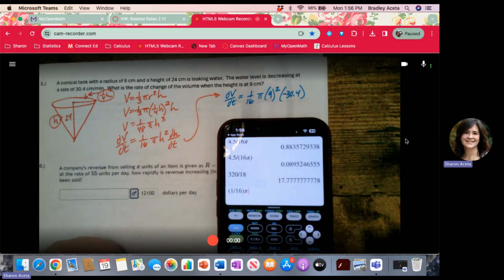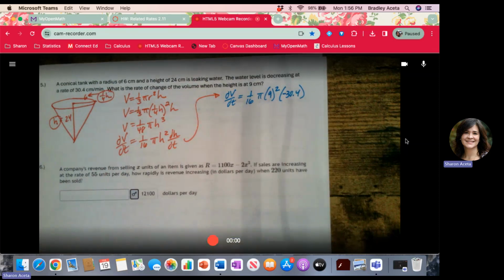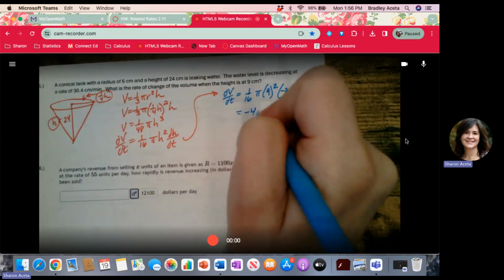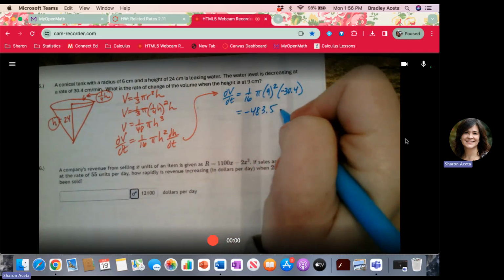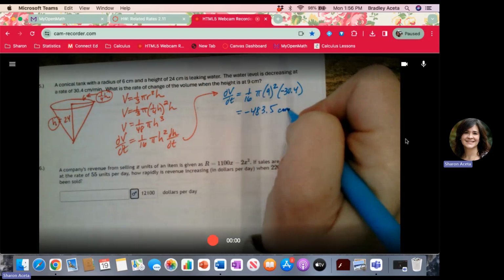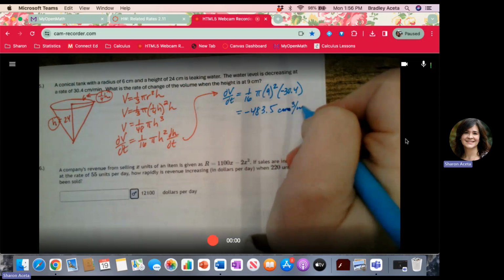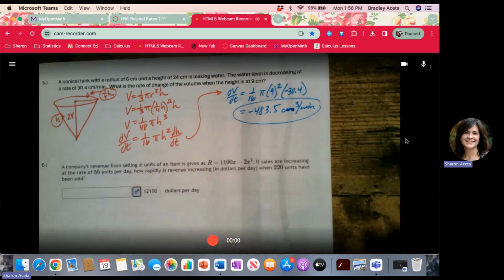I like to put them in parentheses, times negative 30.4. And I have negative 483.5. And that would be in centimeters cubed per minute. That's the rate at which it's decreasing, changing in the volume.